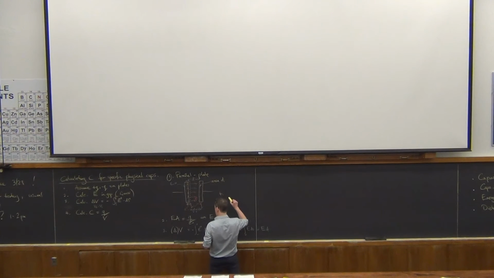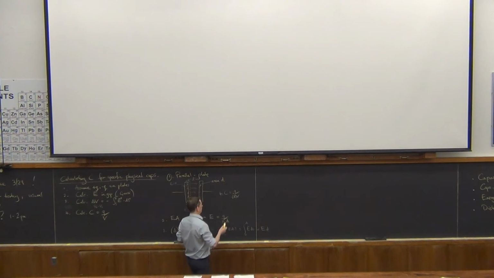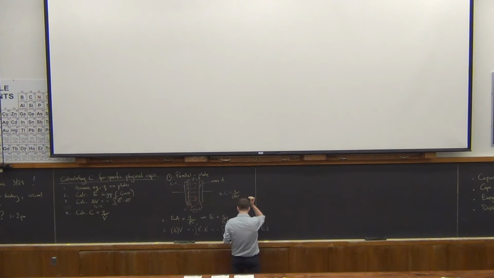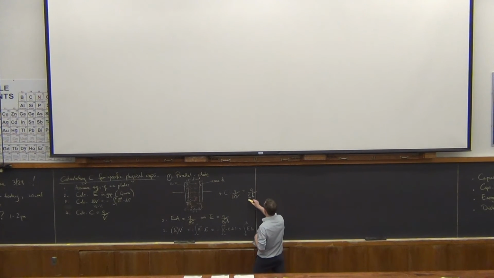I apologize for running out of board space here, but now this is just C equals Q over, again, I'll keep on doing this for a little while, delta V, but then I'll stop doing it completely. And this should now become Q over epsilon A, that's this, divided by this.